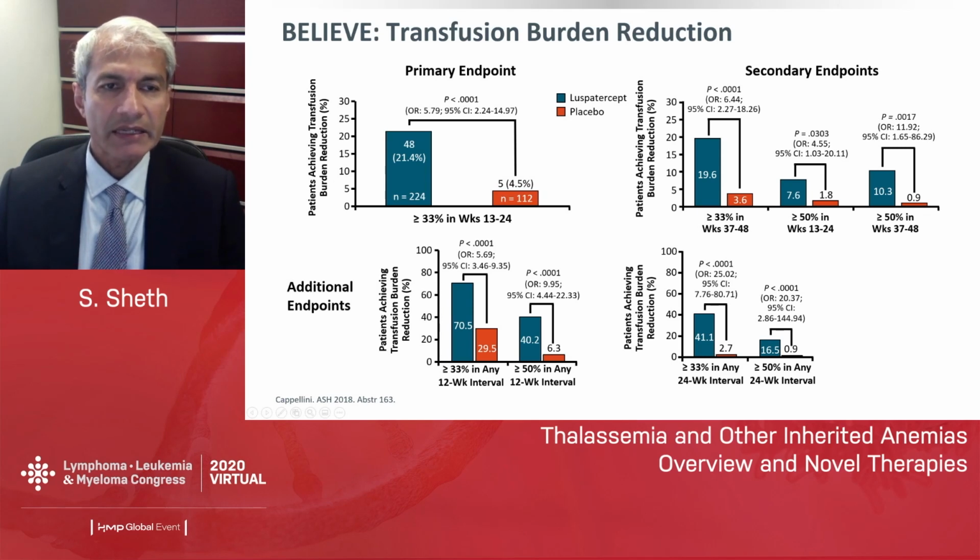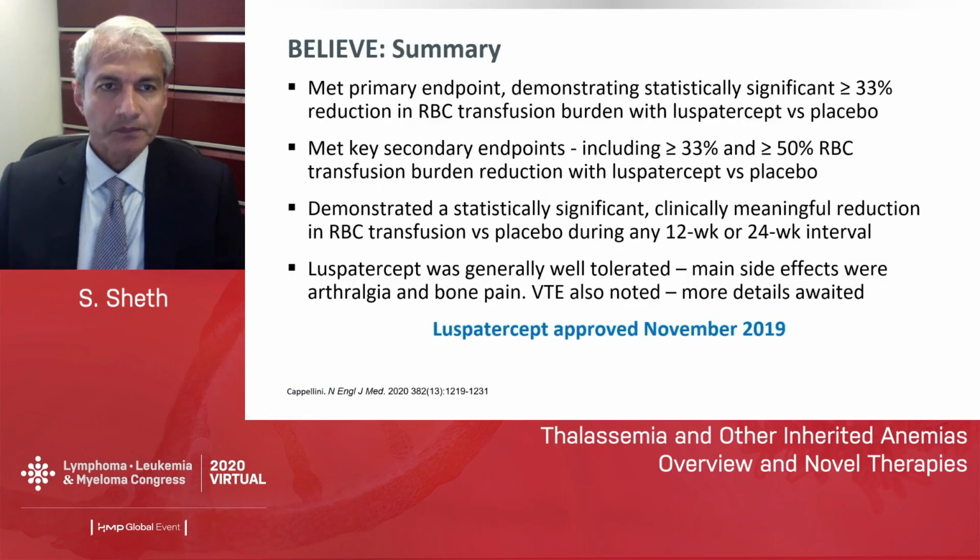There was a statistically significant difference in reduction in transfusion requirement between patients on the luspatercept arm. 21.4% of patients had a 33% reduction or greater, and 5% of patients in the placebo arm. And then the secondary endpoints were also met with statistical significance when the data was analyzed carefully.